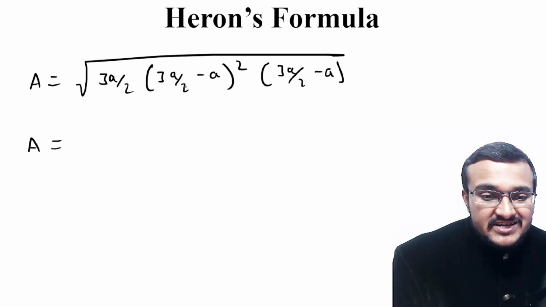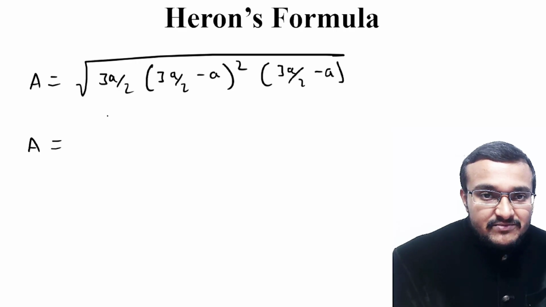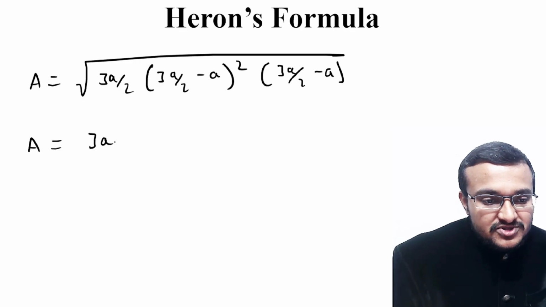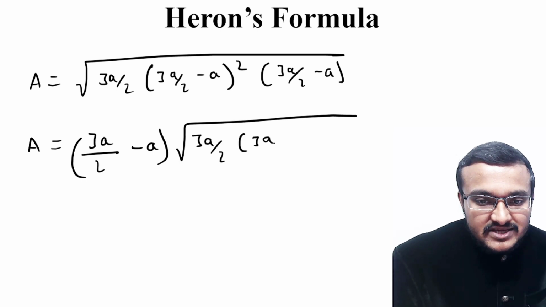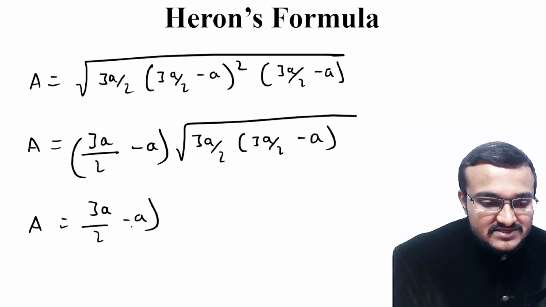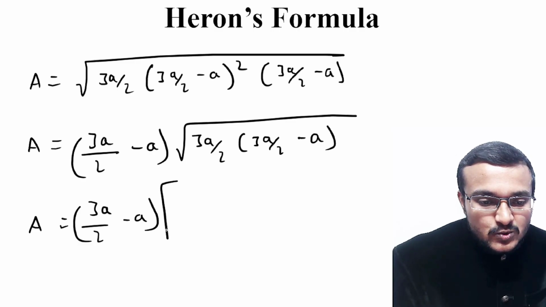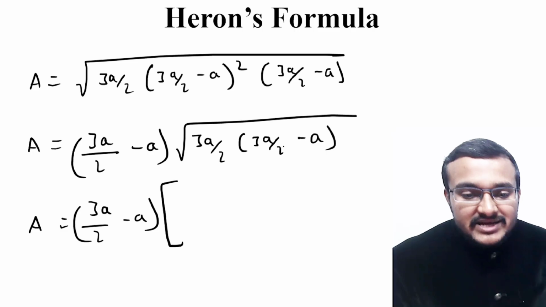So here the square root of (3a by 2 minus a) whole square will be 3a by 2 minus a, which will be outside. So inside the square root we have 3a by 2 into 3a by 2 minus a. Now, 3a by 2 minus a into square root of 3a by 2 into 3a by 2 minus a.